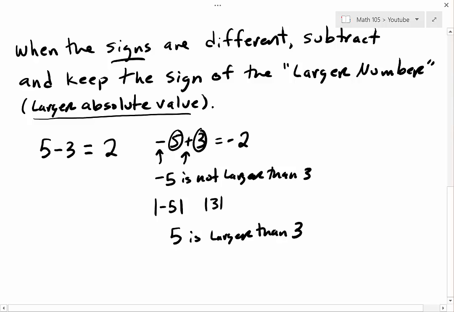And so this is where we use the absolute value. Do I need to know that? It might be helpful, might be more confusing, but the important thing is when the signs are different, you subtract and you keep the sign, quote, of the larger number.